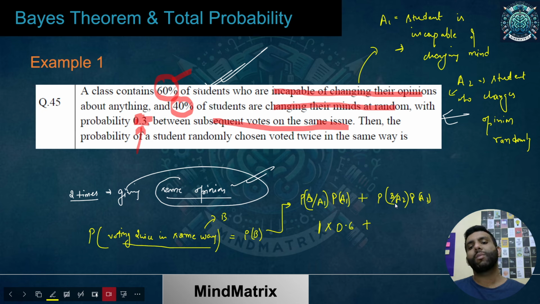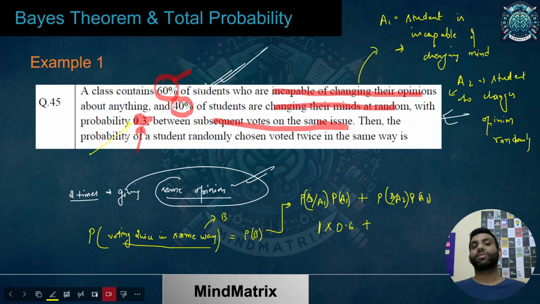Now, what about this thing? Given that the student is someone who can change their opinion randomly, what is the chance that he will be voting the same way twice? Over here the value was 0.3, which means the probability with which he can change.